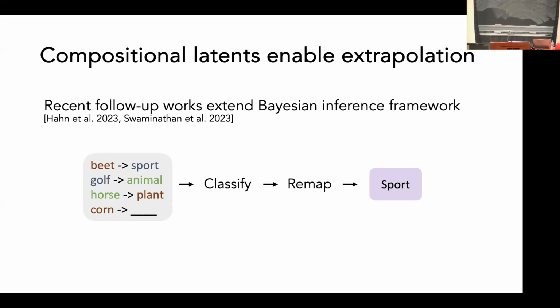You first classify, and then you do this remapping, which is a kind of copying task that is seen a lot during pre-training. So these are components that are learned during pre-training. As long as the model is able to put them together compositionally, which is something that we certainly don't understand yet, then this kind of extrapolation can occur.